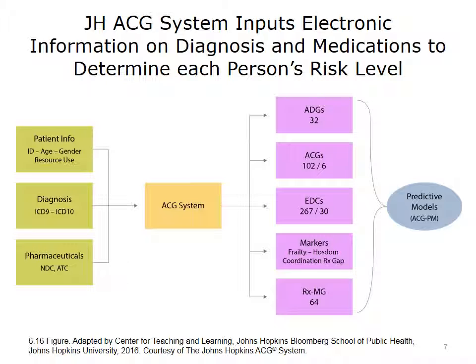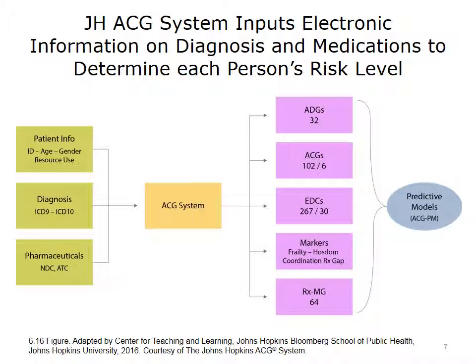Also, the WHO's Anatomical Therapeutic Chemical Class, ATC, is a drug coding system used in many countries and is also input by ACGs and some other methodologies. All of this input risk information can come from claims or other administrative data, or it can come from electronic health record data.